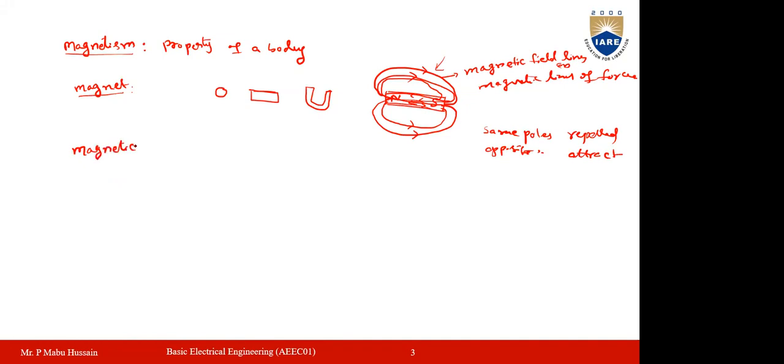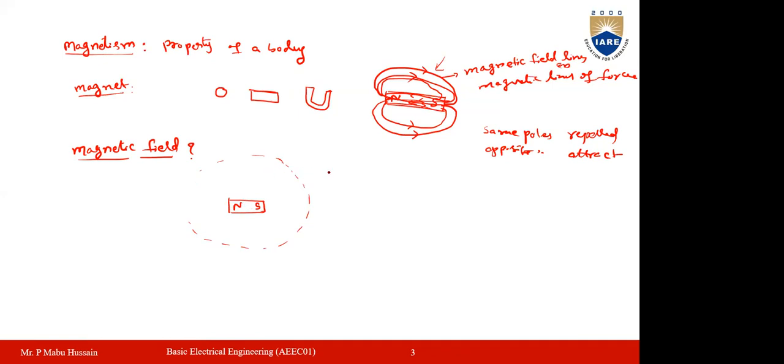Then, what is the magnetic field? What do you mean by magnetic field? The magnetic field is nothing but the space around the magnet. Let us take a magnet which has a north pole and a south pole. Around this magnet, take a certain space up to which the influence of this magnet is there.